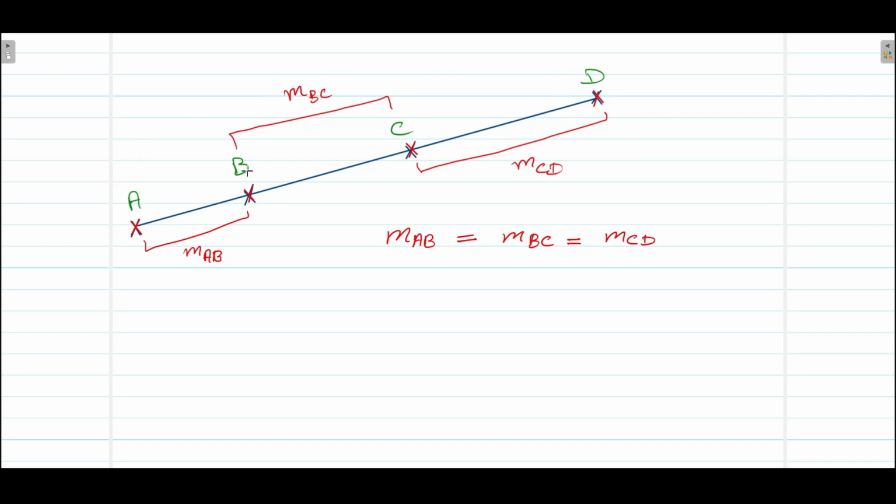If you find the slope of BD, if you use this point and this point, the slope of BD will also be equal. So the main concept behind this is that whenever we use any of the points on the same straight line, the slope will always be the same.